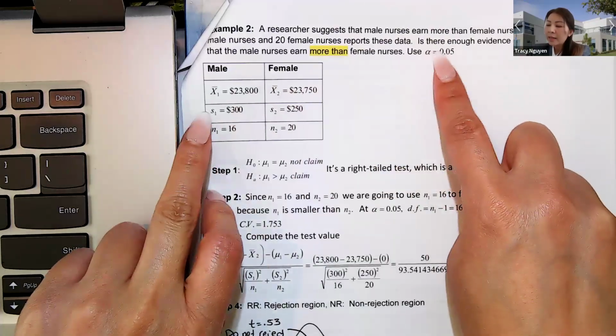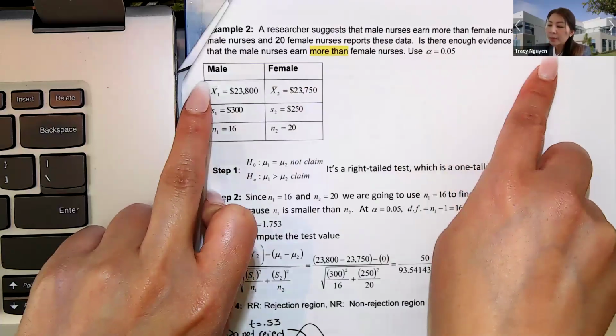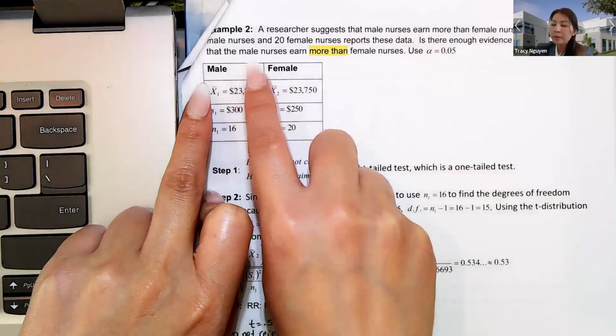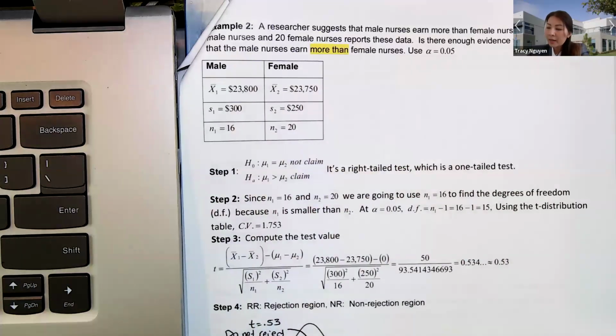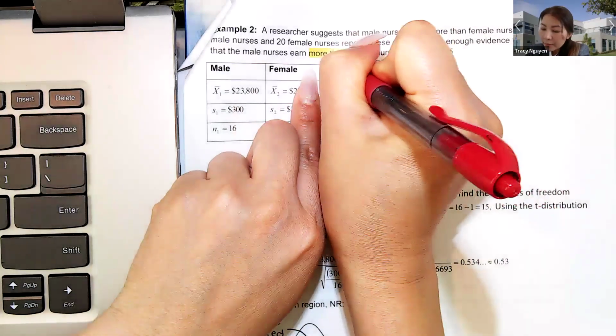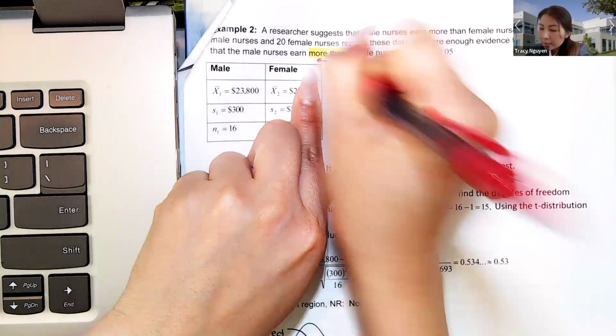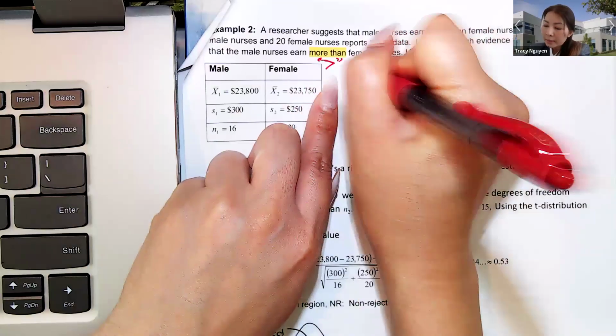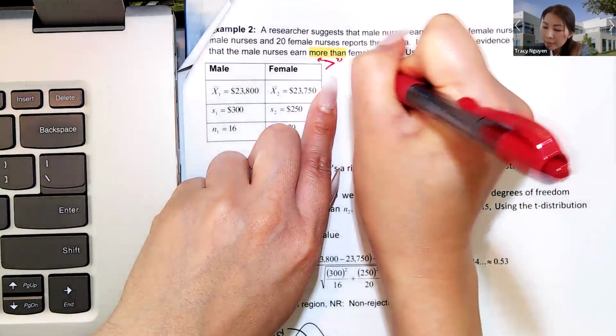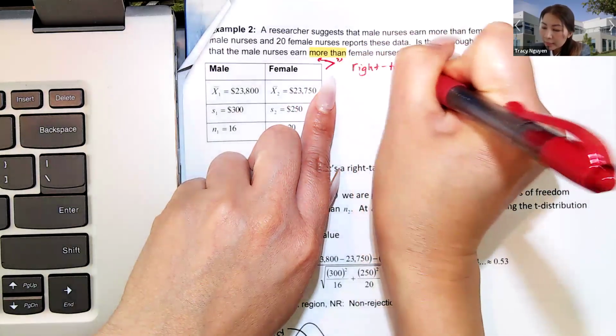Then, is there enough evidence to support the claim that male nurses earn more than female nurses? Here we have the keyword "more than." That tells us the claim is the one with the greater than sign, and this tells us we have a right tail test.